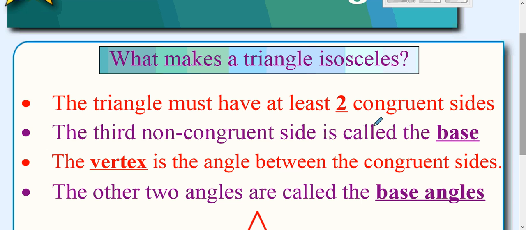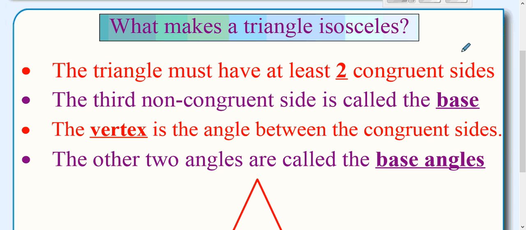The two sides that are the same are called legs. So you have the two congruent legs, then you have the one different base. The angle between the two legs is called the vertex.